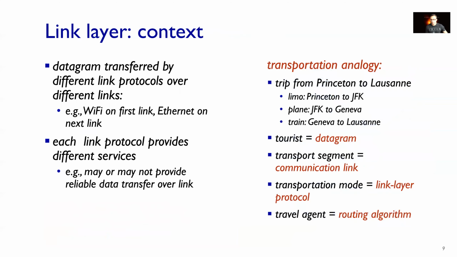So this was just a nice analogy to explain the fact that as your messages are moving across the internet, they're very likely encountering different link layers along the way, right? So, for example, your packet may be sent over a Wi-Fi link on the first hop, an Ethernet link on the next hop.